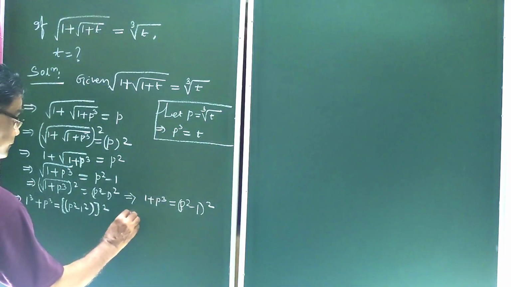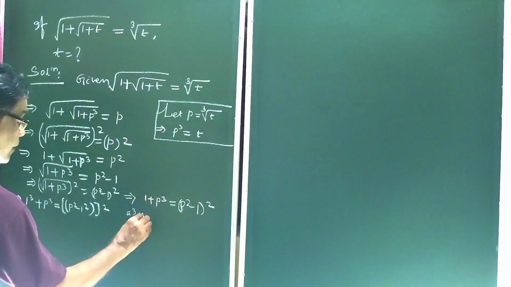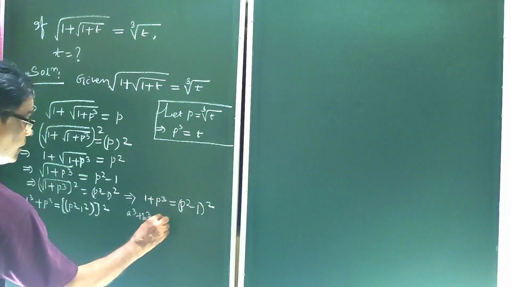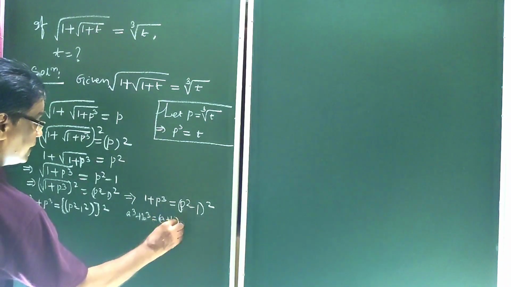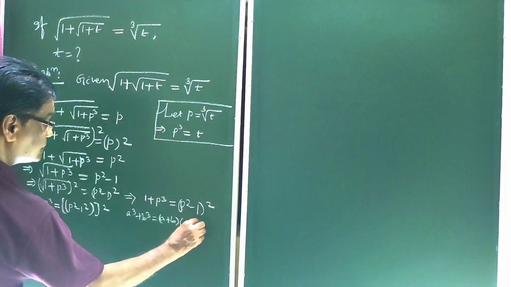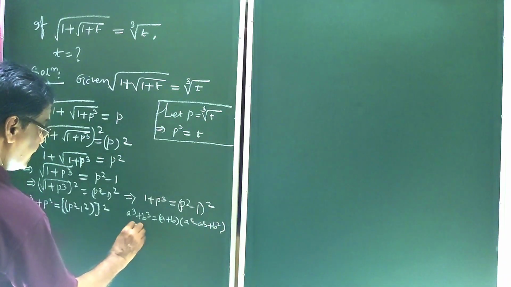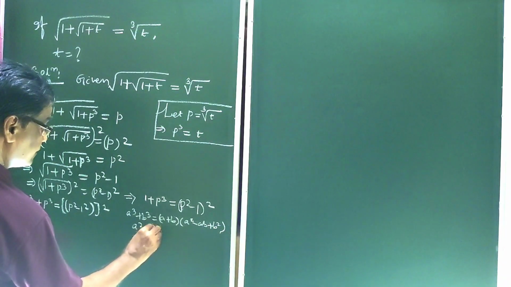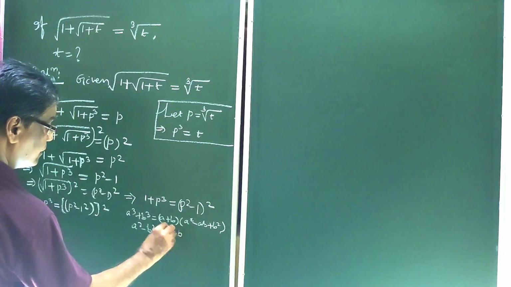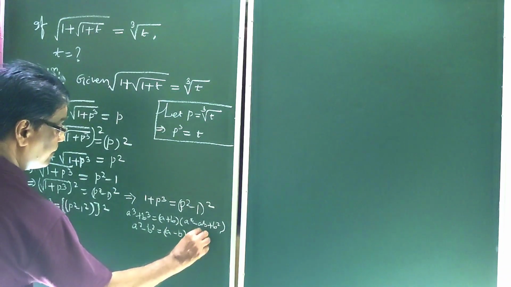We know a³ + b³ is equal to (a + b)(a² − ab + b²). Again, a² − b² is equal to (a − b)(a + b).